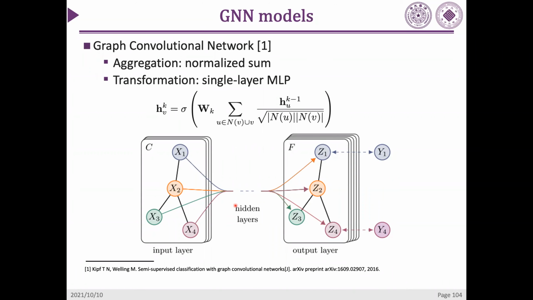So the GCN was proposed in 2016. In the aggregation step, it normalizes the neighbors' embeddings with their degrees and adds them together. Then the single-layer fully connected neural net is used for the transformation.